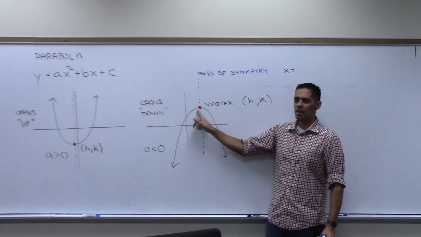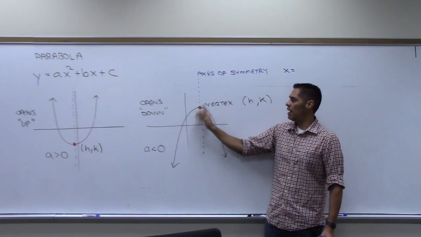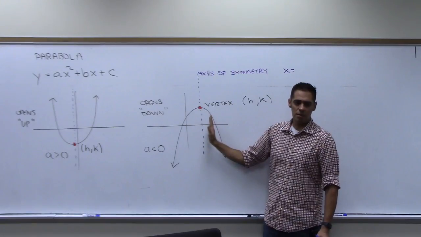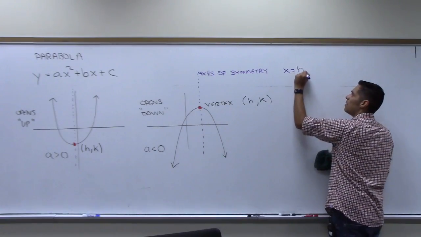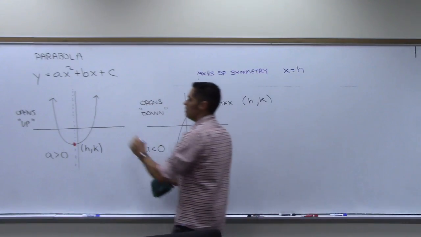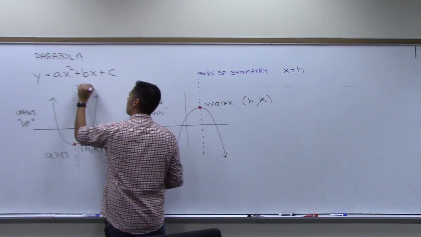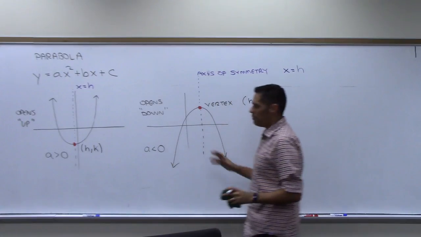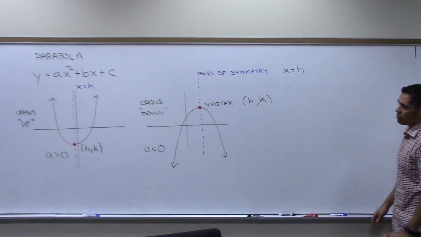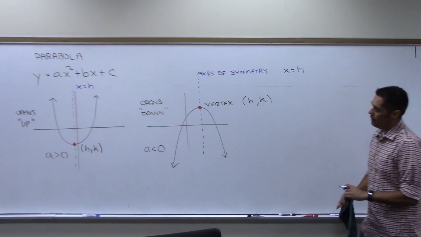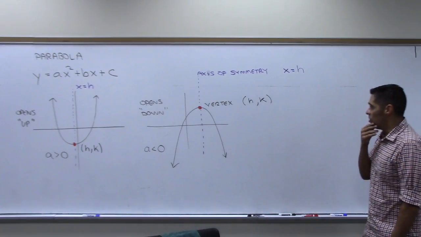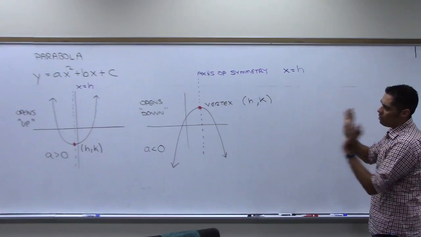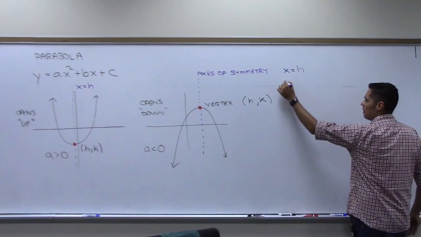Well, it goes through the vertex, doesn't it? So shouldn't it be the x coordinate of the vertex, which is h. So x equals h is the equation of the axis of symmetry. We're going to do an example of this and get all this information. I'm just trying to show you what these things look like. And then there's something else that we need to pay attention to that's going to require that I draw some different pictures.